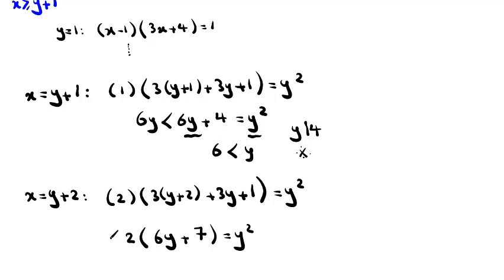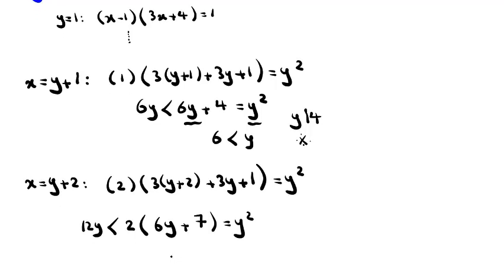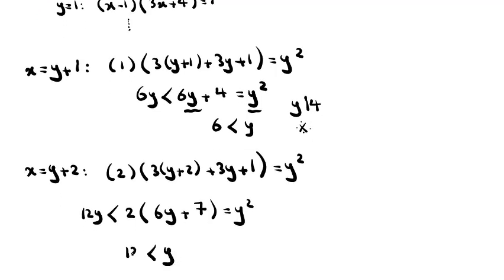And we can say it is greater than 2 times 6, 12y. So we can say y is greater than 12. And now we can say the right side, y is even, so the right side is a multiple of 4 because it is a square. But on the left side it is an odd number times 2. It is not a multiple of 4. So if you consider mod 4, we've reached a contradiction.